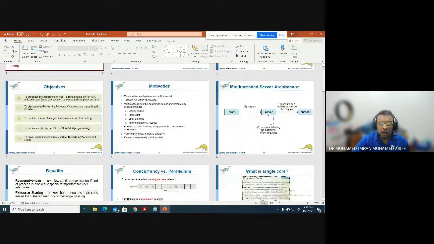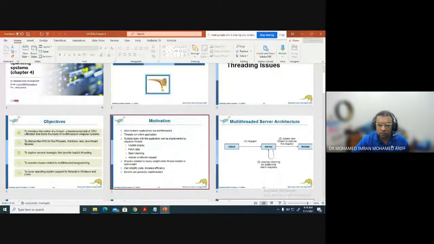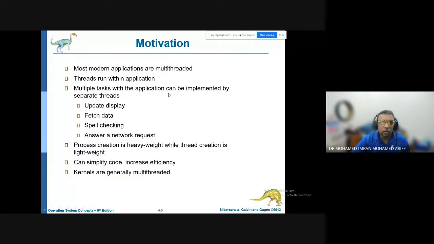All right. So let's start with the introduction. Most modern applications are multi-threaded. Multi-threaded means from one process they can be broken down into multiple sub-processes. From one big process you can open multiple small processes, but all these processes are linked to the big process itself.